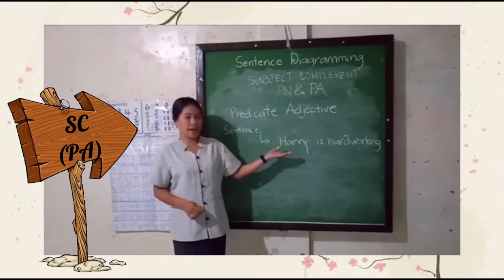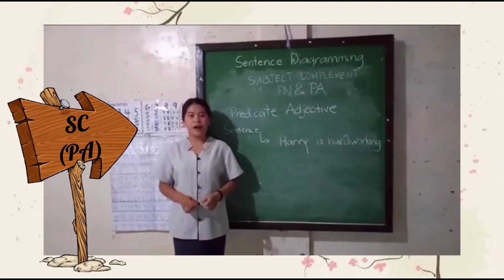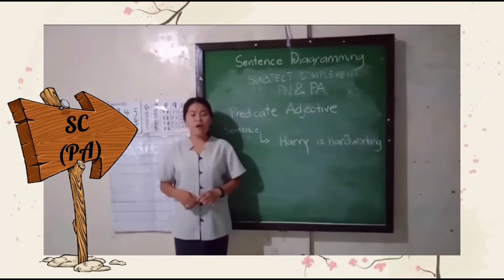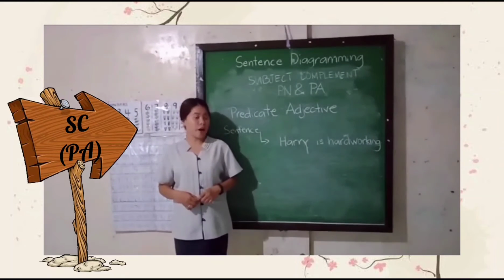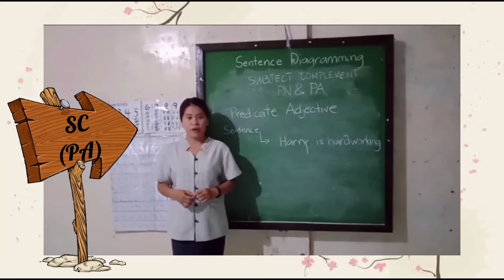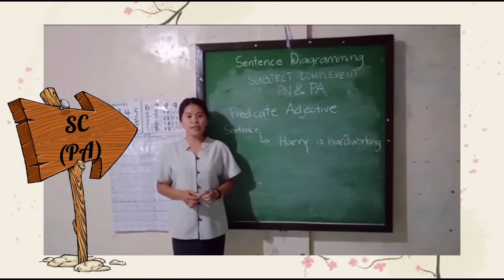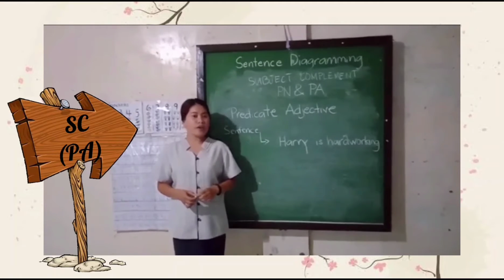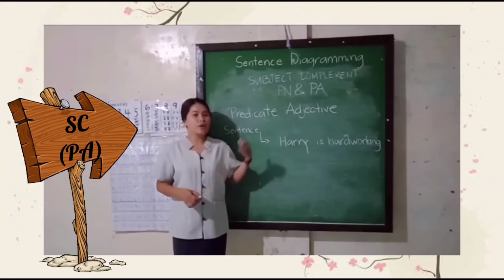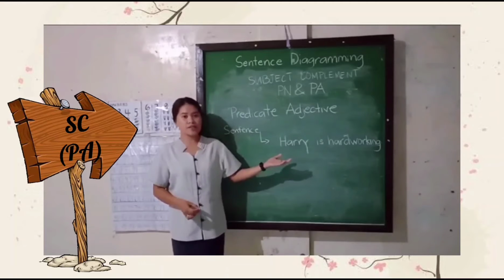Next is predicate adjective or PA, adjectives in the predicate that modify the subject. Now let's look at how to diagram with the predicate adjective. Harry is hardworking will be our example sentence for this. Harry is hardworking. Now in this sentence, Harry is our subject.